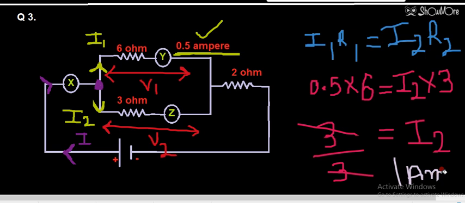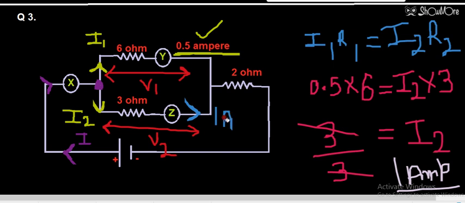You can note down this step. If any doubt is there, you can ask about that doubt. Where is the current I2? You can check here, this is the current I2, and this current is 1 ampere.